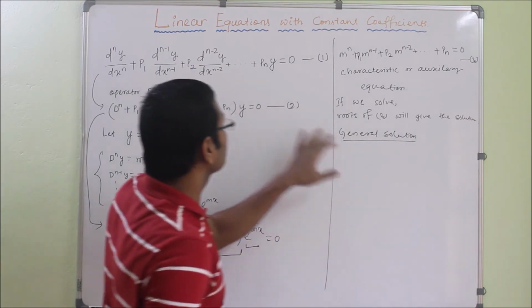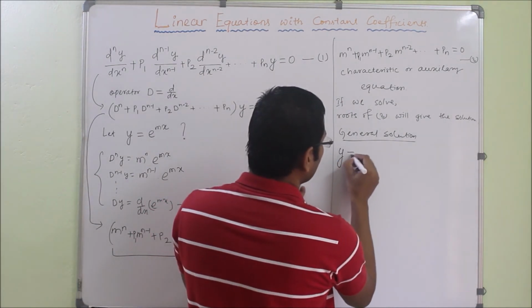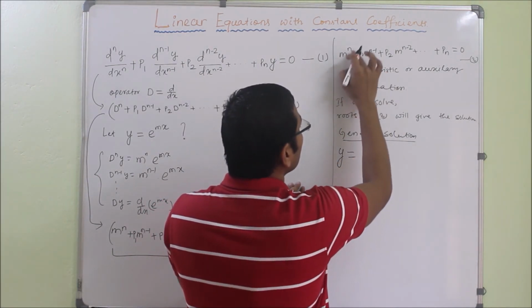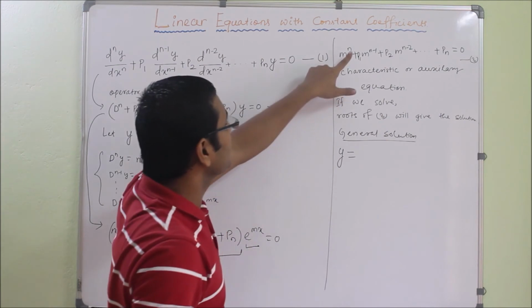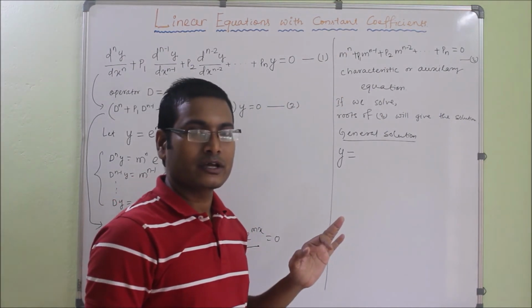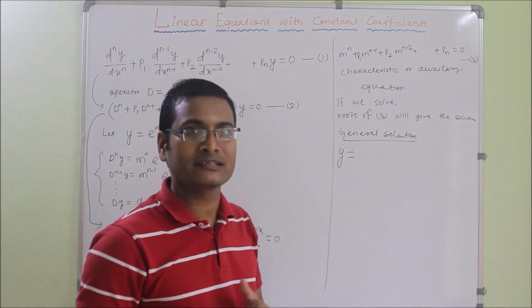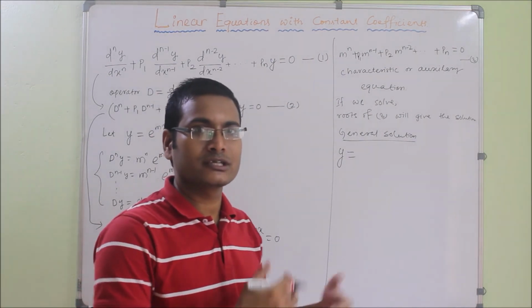Now what will be the general form? The general solution for equation 1 will now become y equal to, as we have degree n in m, how many roots will we get? n roots. Among the n roots there may be some repetition, and there may be complex or real roots. Those things we will discuss.